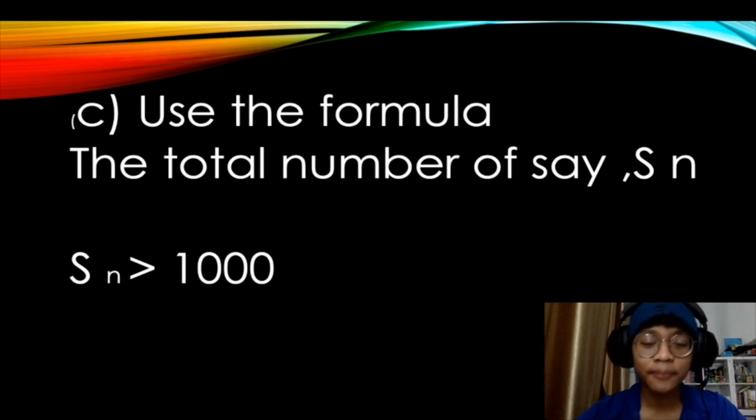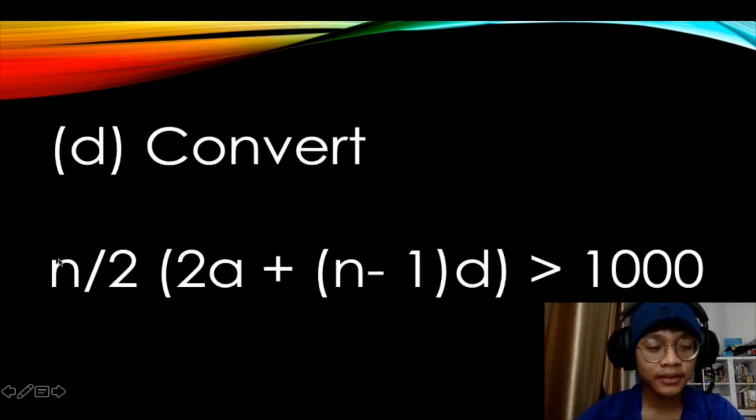Okay, next, for B, use the formula, the total number of n, Sn. Sn over 1000, right? So Sn must be over 1000. Then n over 2 times 2A plus n minus 1 times common difference, because Sn is equal to this, so we just convert it, and it will be greater than 1000.